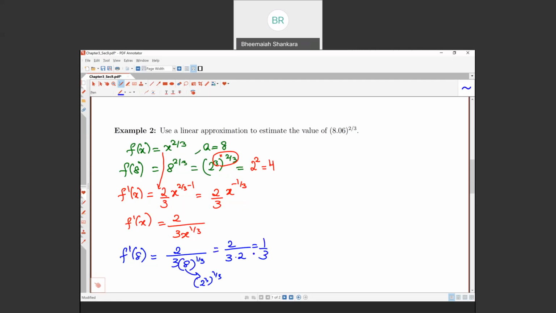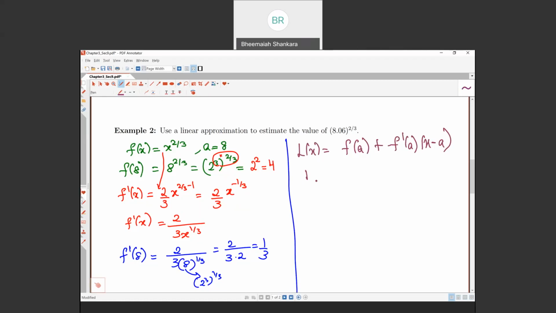Now that we have the functional value at 8 and the derivative value at 8, we are all set to plug into the linear approximation formula. So let's plug in. L of x equals f of a plus f prime of a times x minus a.